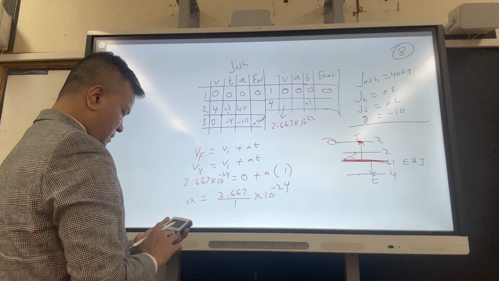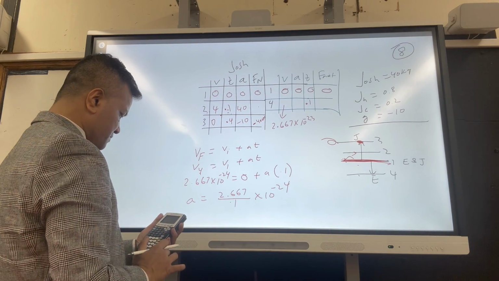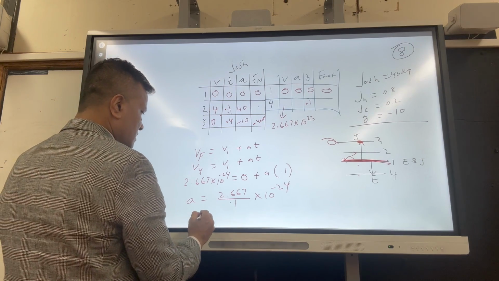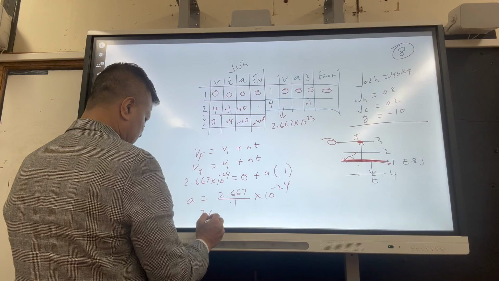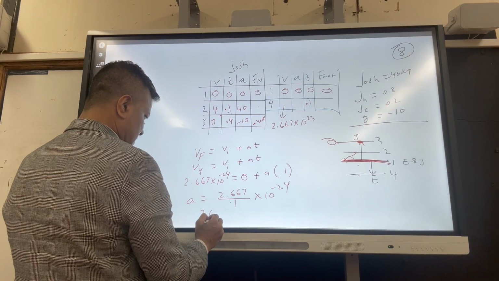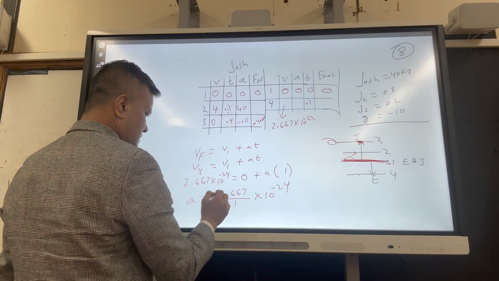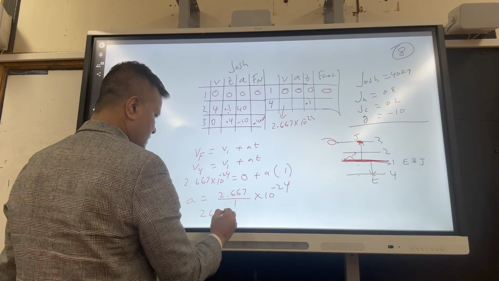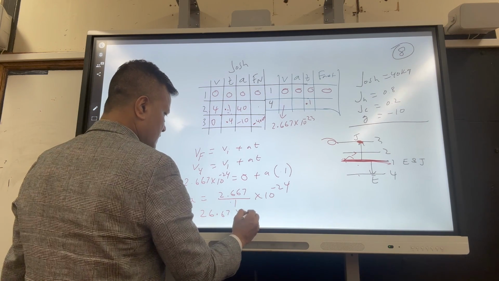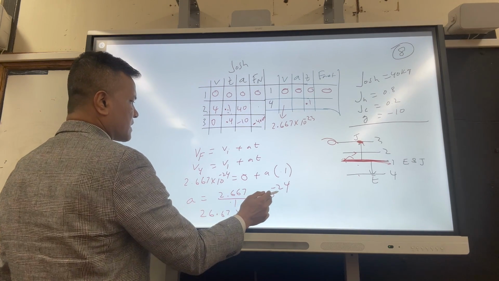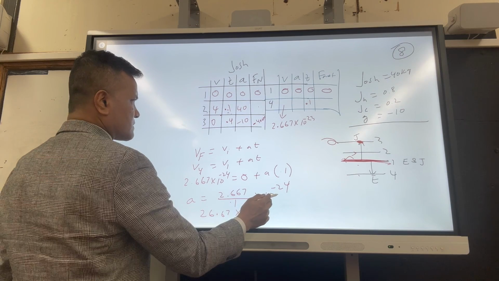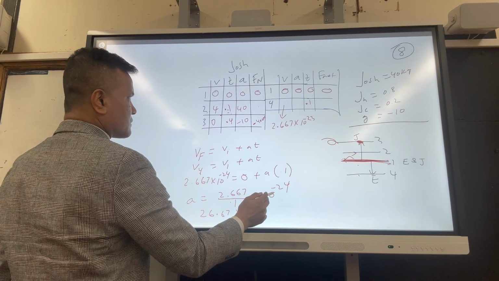And this divided by 0.1 would give you 26.67 times 10 raised to negative 23.